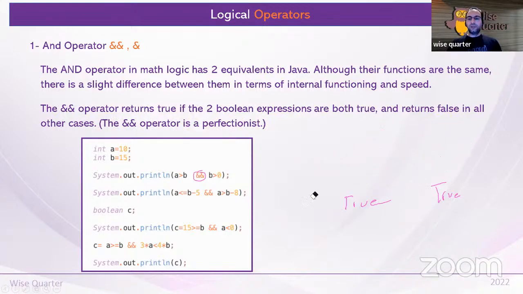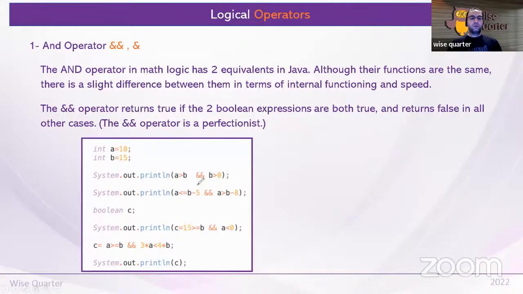Just remember that when you use the AND symbol, to reach true, all of the conditions should be true. And it is the same for more than two: all the conditions should be true.